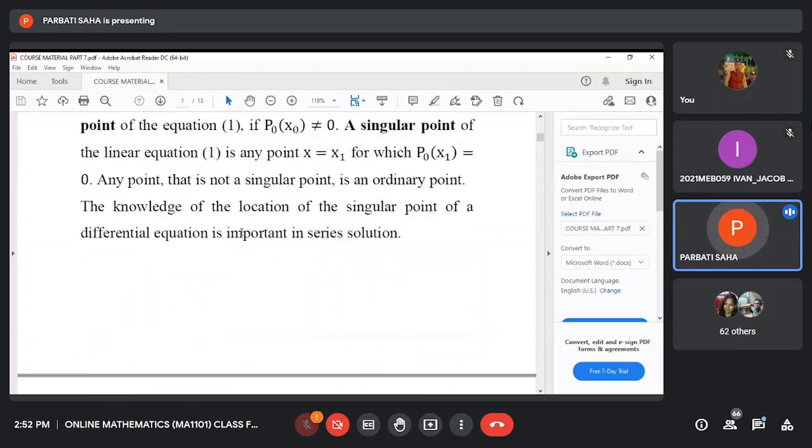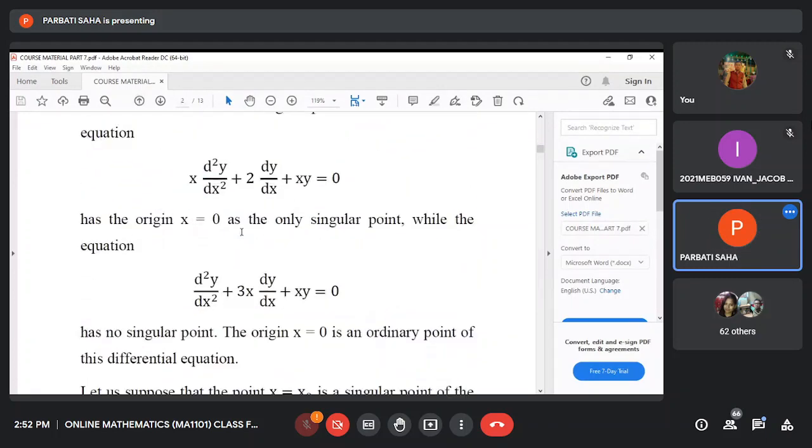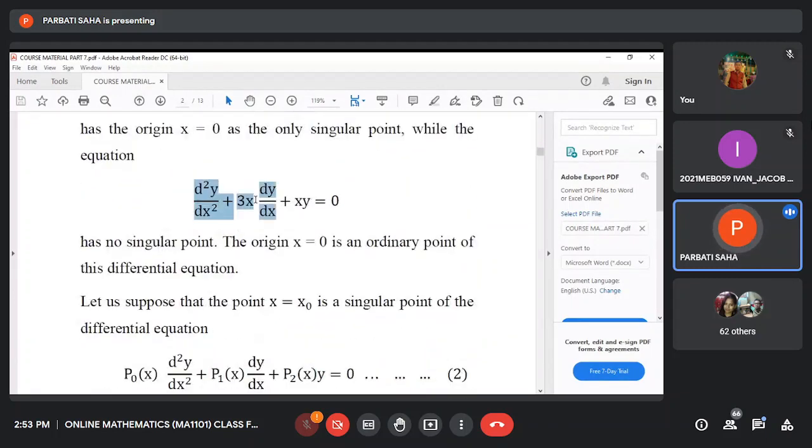But here, if we consider this differential equation, you see this coefficient is non-zero. So x equals 0 should be called an ordinary point because this coefficient is non-zero. So corresponding to this differential equation, x equals 0 is an ordinary point.